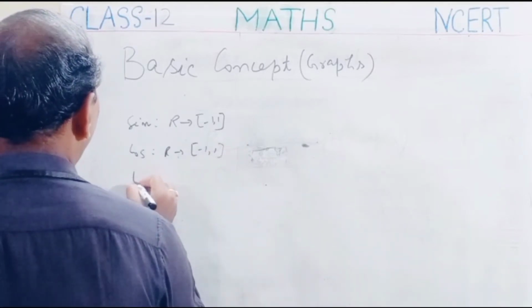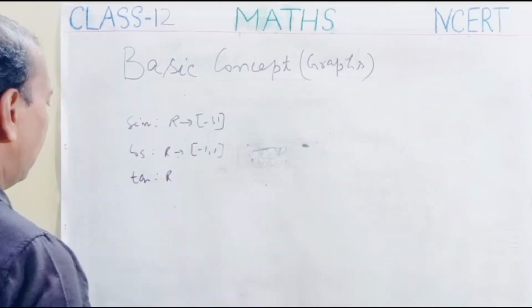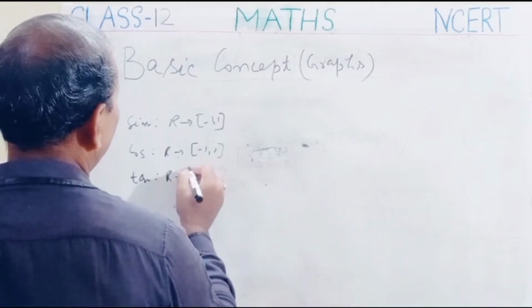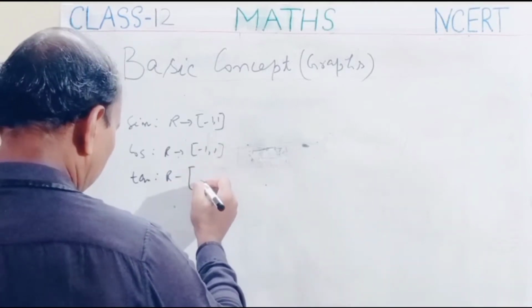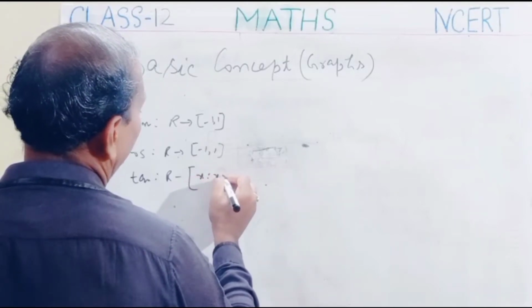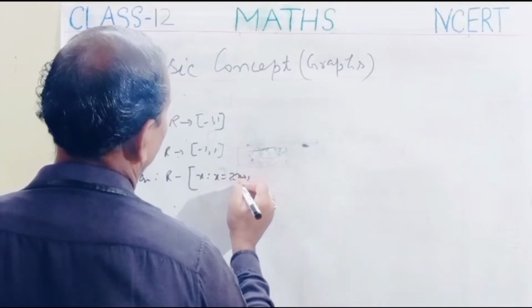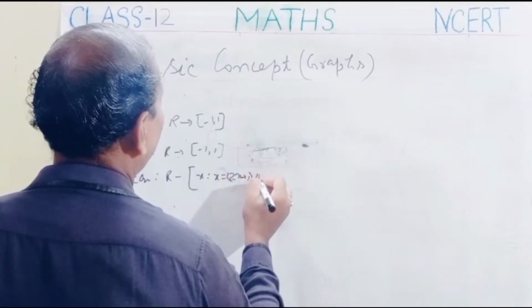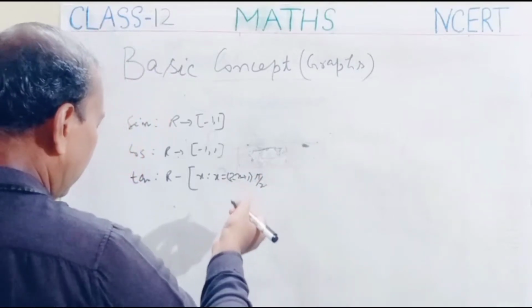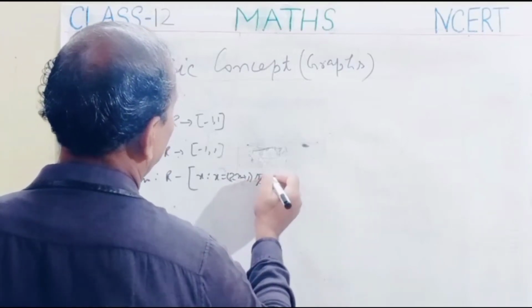For tan, the range will lie in R, but in this R, the points x equal to (2n+1) pi by 2 will not be included. Obviously, n is an integer.